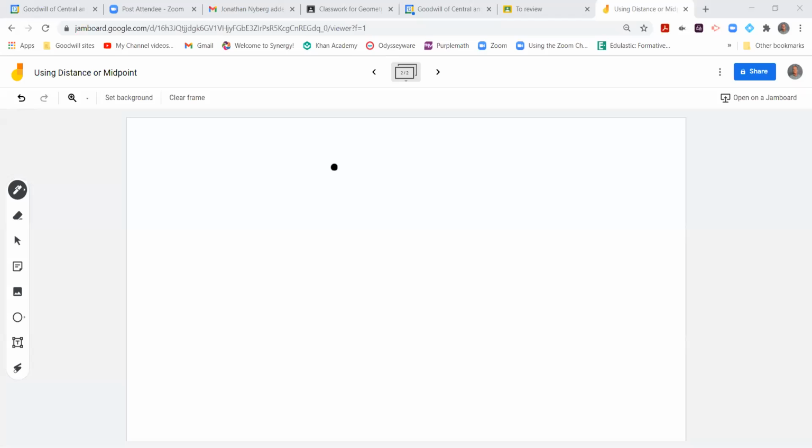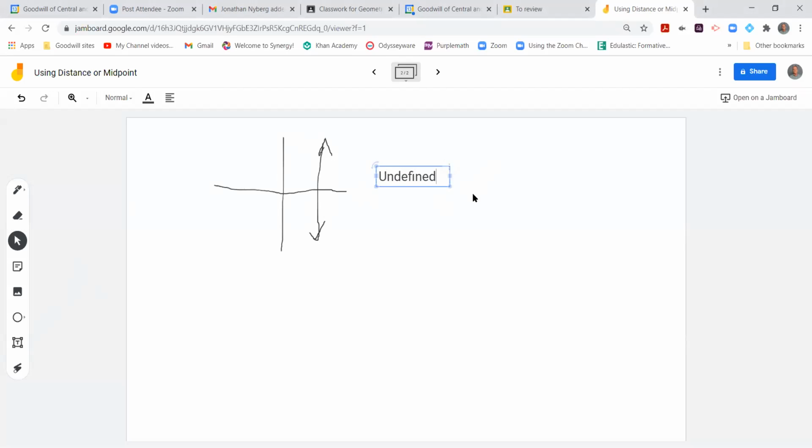All right, so if I've got a vertical line, the term I've been using is spelled like this, undefined.